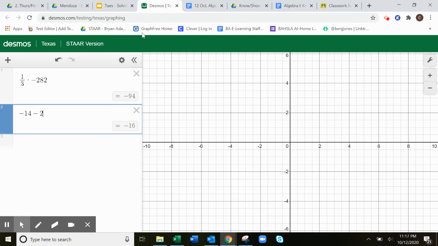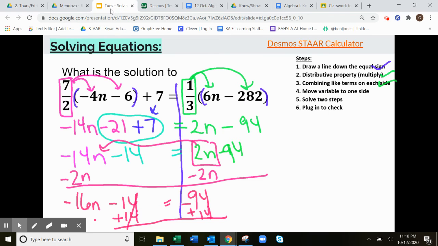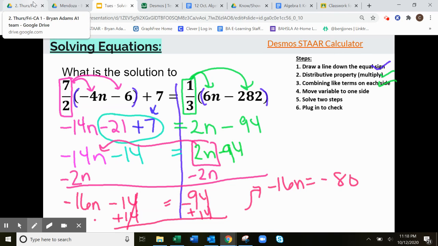So negative 94 plus 14, and we get negative 80. I'm going to actually write this over on this side. All right, and then the last step is just to divide both sides by the number in front of the n.